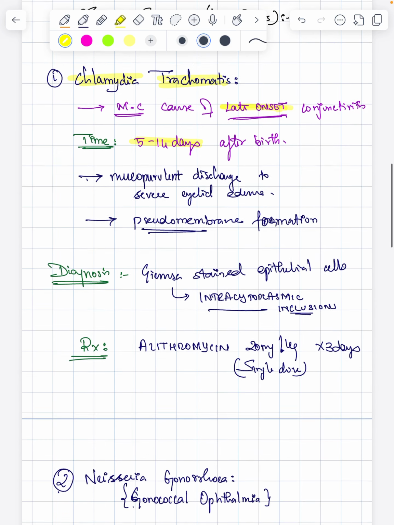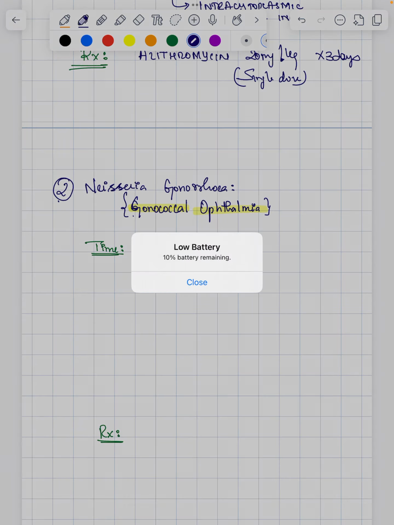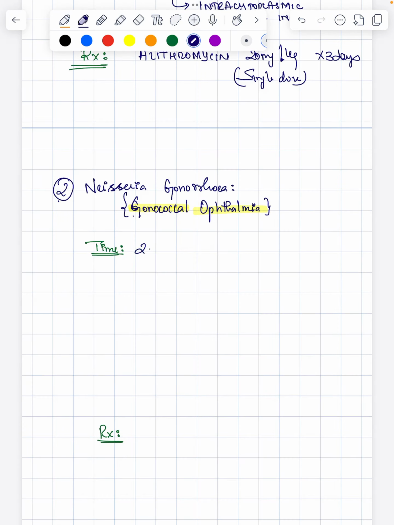Next is your Neisseria gonorrhoeae, that is your gonococcal ophthalmitis. So this gonococcal ophthalmitis or gonococcal ophthalmia, time of occurrence will be between 2 to 5 days after birth, right? Yes, and this is the most virulent infection, in which the child can lose their sight, which can lead to blindness.